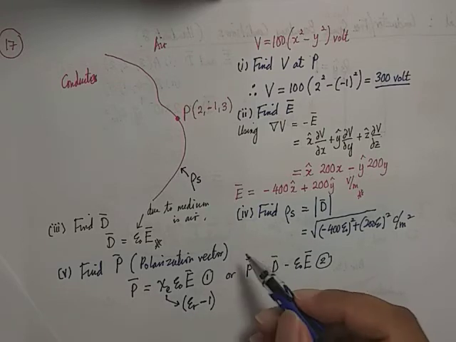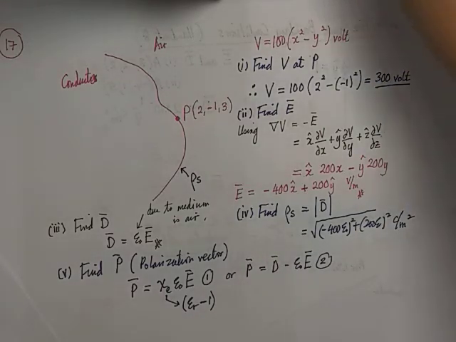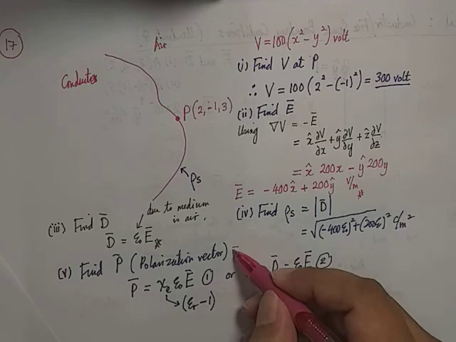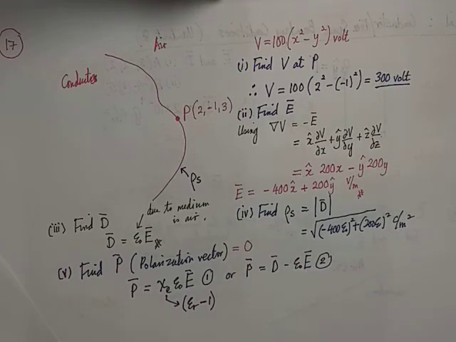Therefore, P in the region of air will be equal to 0. Even when you look at the second equation, it is the same. Because D equals epsilon naught E, when you shift this epsilon naught to the left, it becomes 0. So from equation number 2 also, it is going to be equal to 0.